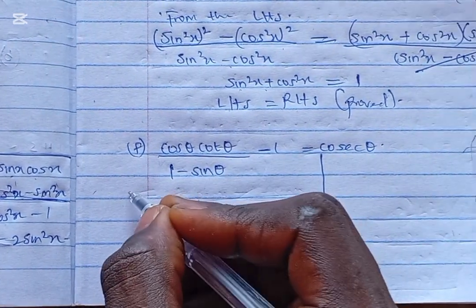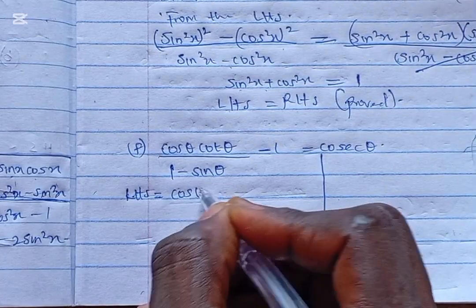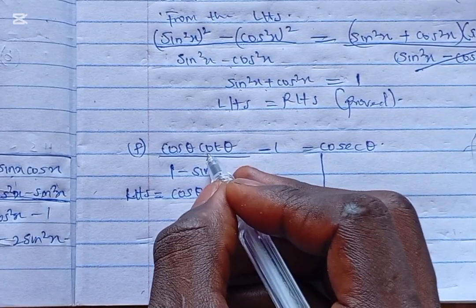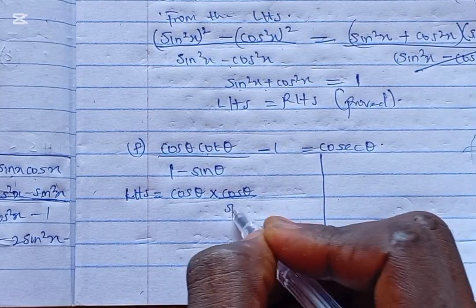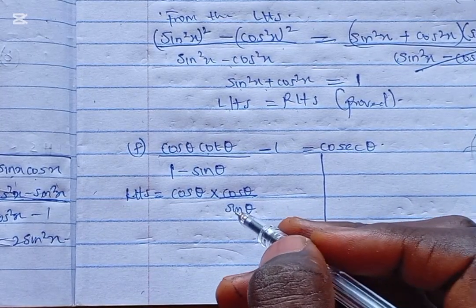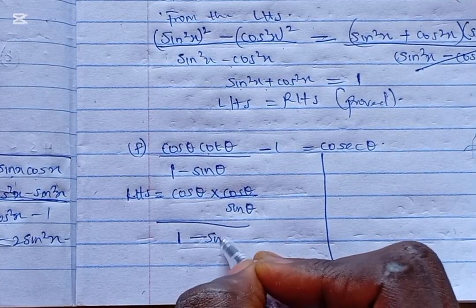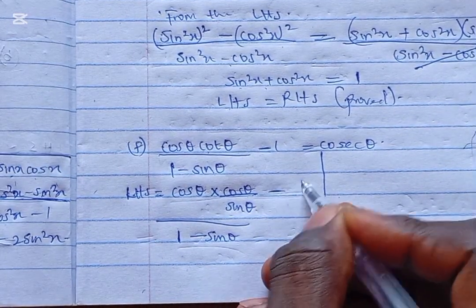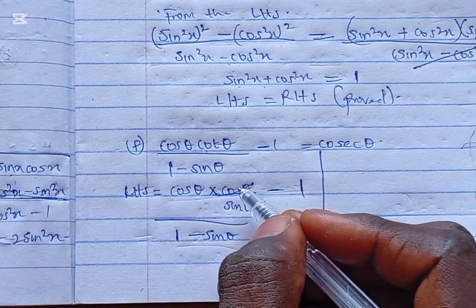You just put, okay, left hand side is equal to cos theta, but this cos can be represented as cos theta over sin theta, if you remember from the beginning of the video, divided by 1 minus sin theta minus 1. This one, oh, it won't cancel.